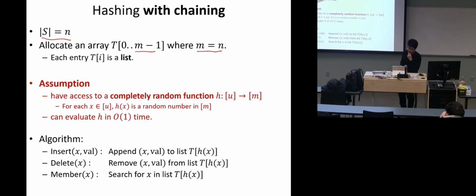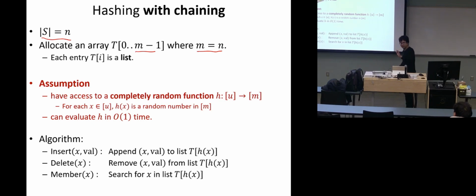What I'm gonna assume for now, and we're gonna remove this assumption later, is that I have access to a completely random function h that maps each thing in the universe randomly to a random number in M. I assume even that I can evaluate this function in constant time. So anything related to this function, I assume that I have it and it's fast for now.